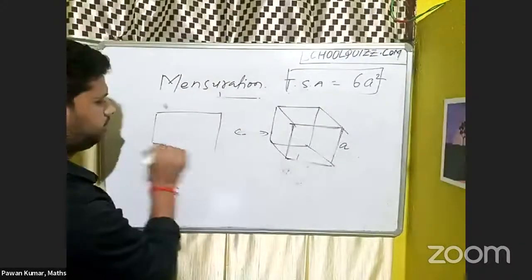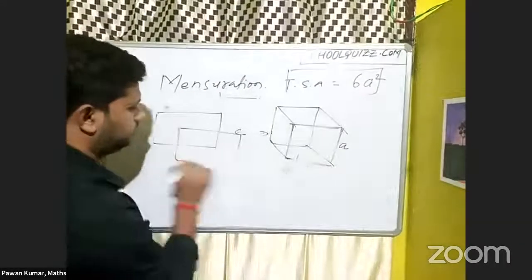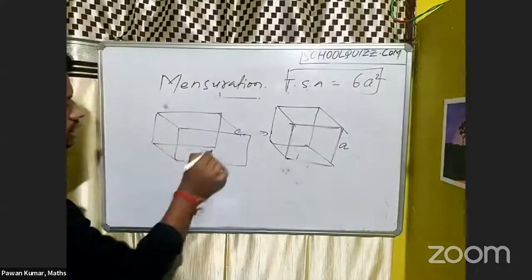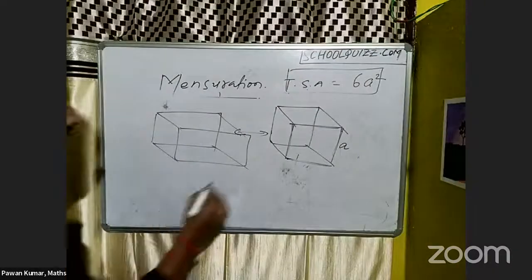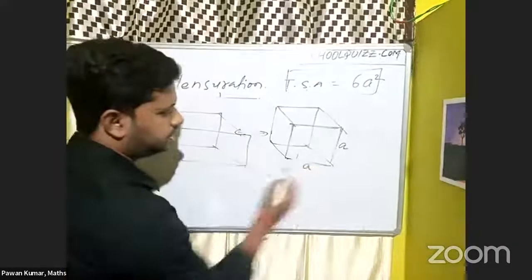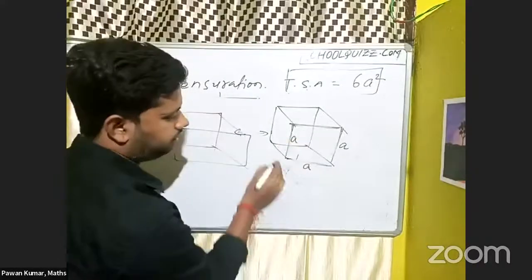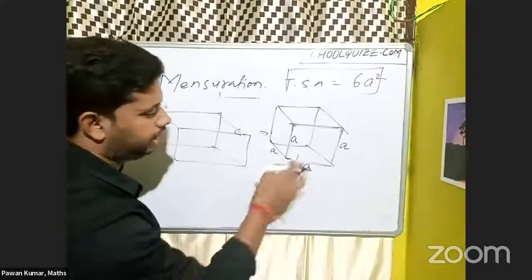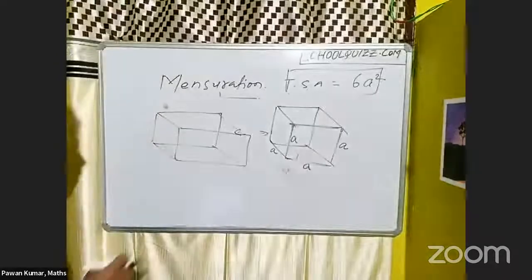Because they have flat faces. But only one change is there. Their length, breadth and height are all the same in a cube. Let it be a, or whatever side you want to mention, all are the same.